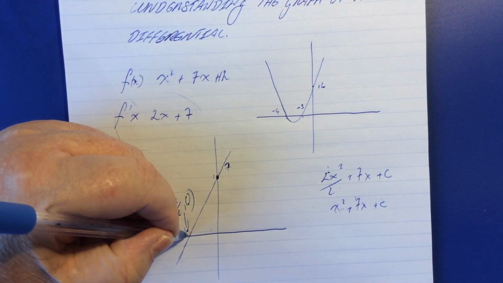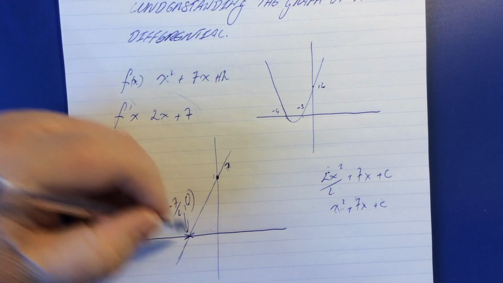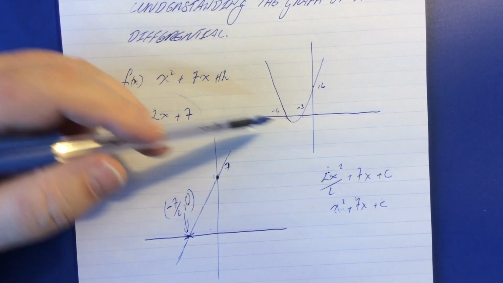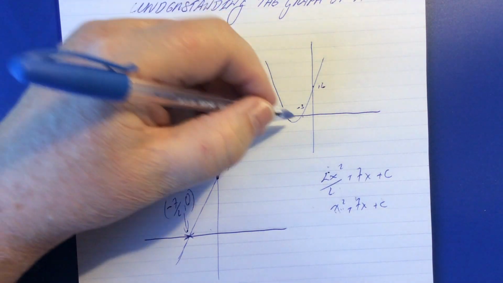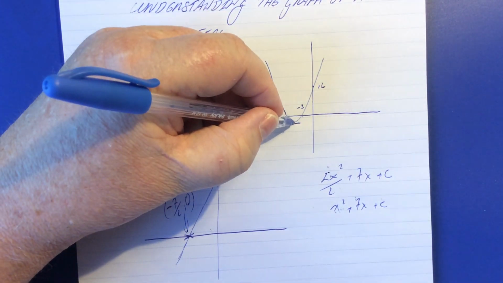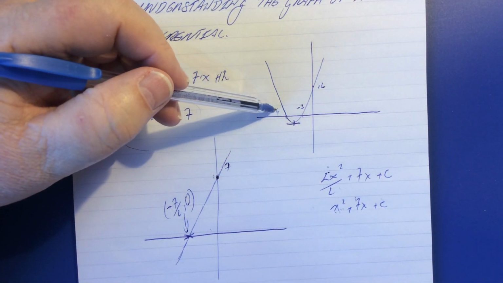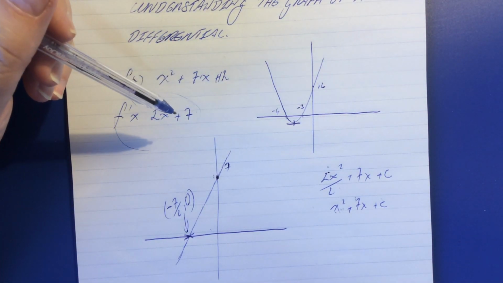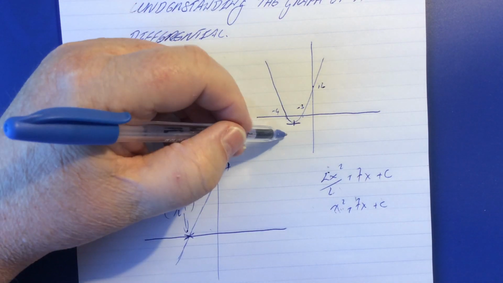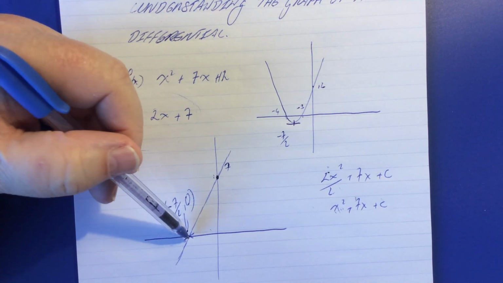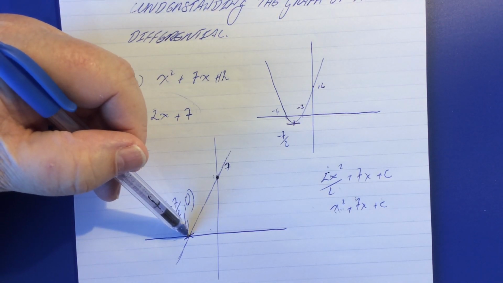And the important point is here, where this thing hits the x-axis. This is the point at which the gradient of this is 0. It is that point there, and that is halfway between -3 and -4, which is -7 on 2. So that tells us that.